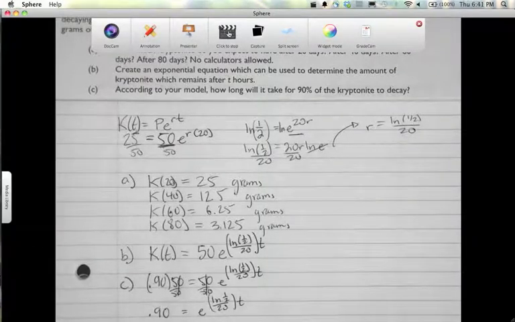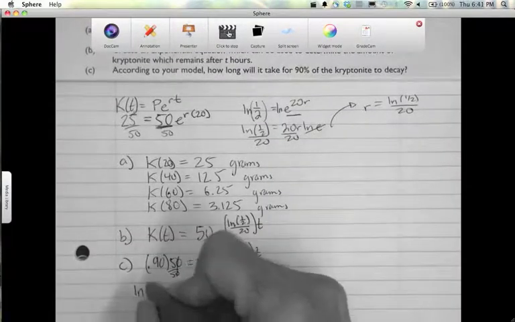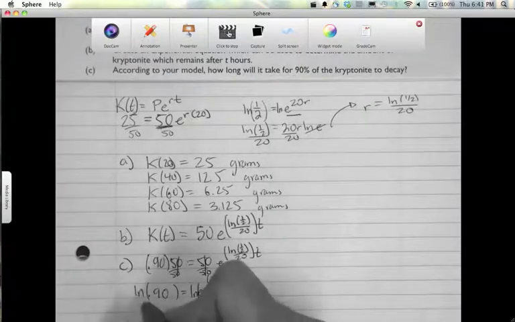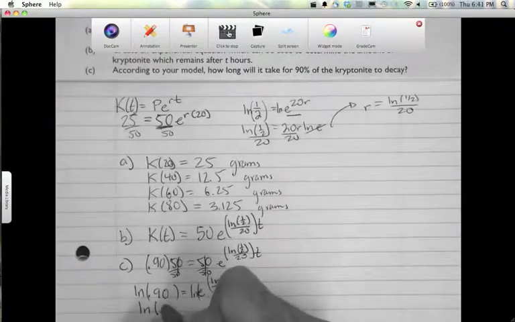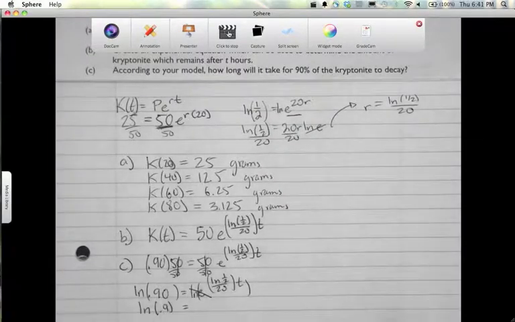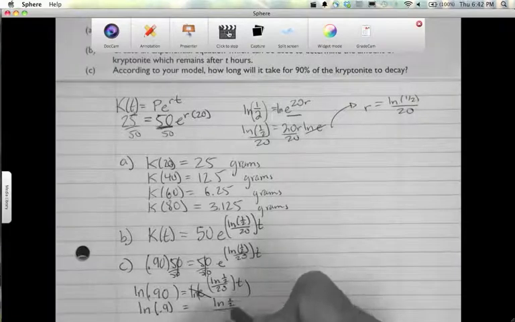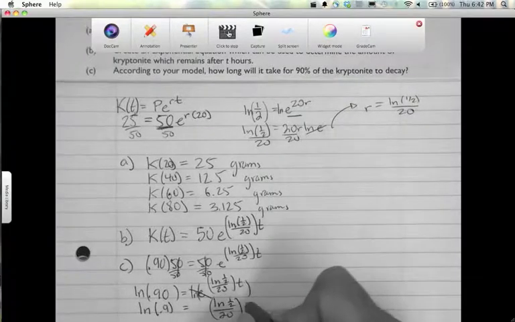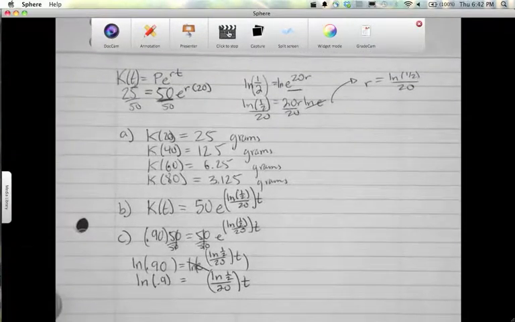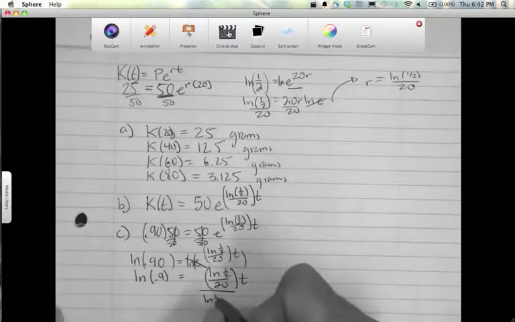Again, to solve this, I've got to take the natural log of both sides. And I see right away that I have ln of 0.9 equals, that stuff goes away, and this becomes ln of 1/2 over 20 times t. Divide both sides by ln of 1/2 over 20.